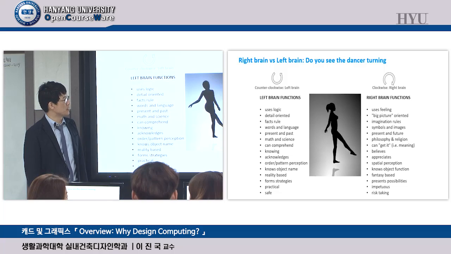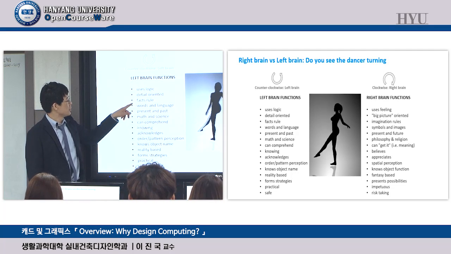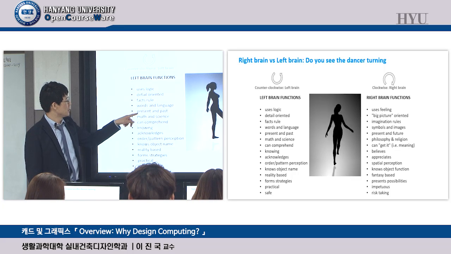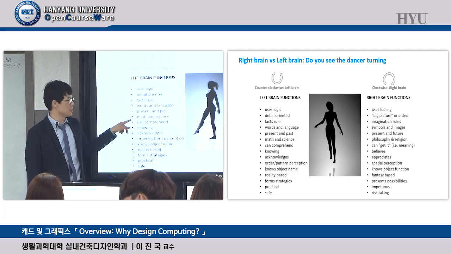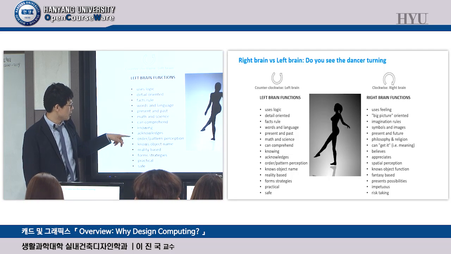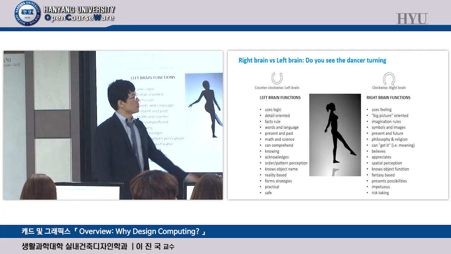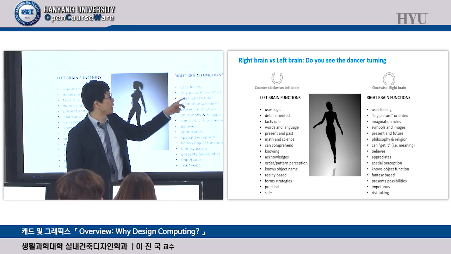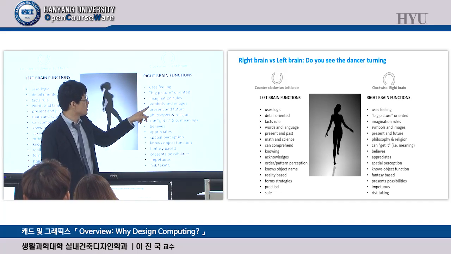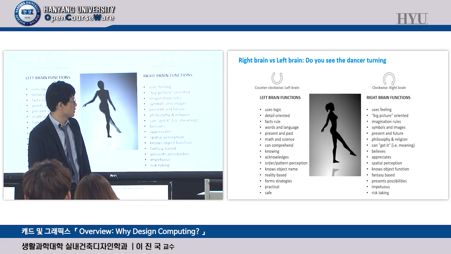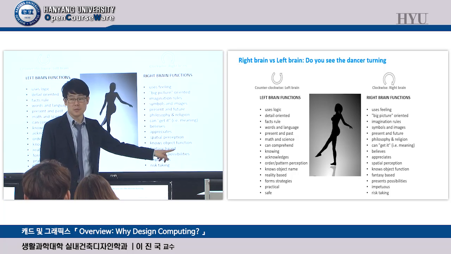So let's take a look at left brain function: logic, detail, facts, word and language, math and science, knowing, acknowledges, reality base. Instead, in the opposite way, right brain function: feeling, big picture, imagination, symbols, images, philosophy and religion, fantasy base, okay?